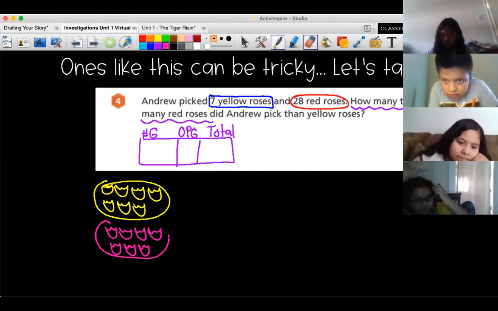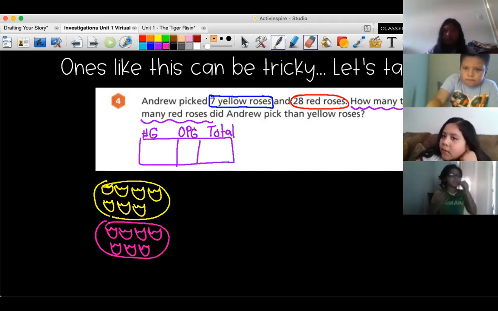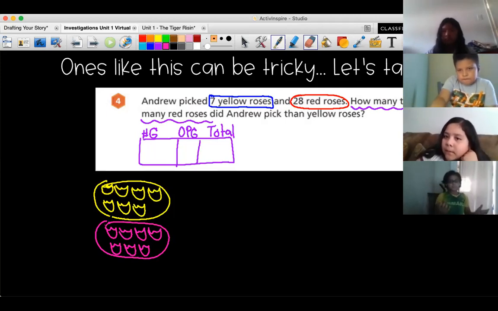How many red roses do I have altogether? Can somebody remind me? You can just unmute and tell me. 28.